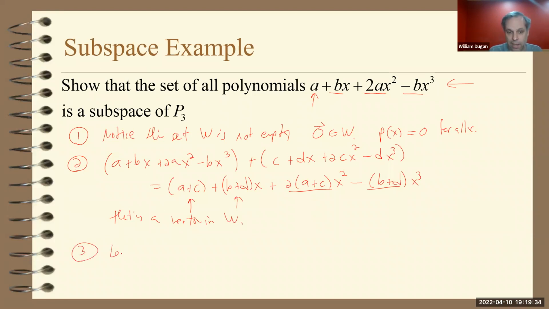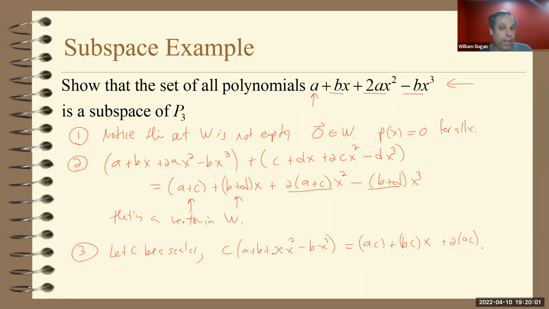The third one is to do the same thing. Let C be a scalar. Then C times A plus Bx plus 2Ax squared minus Bx cubed is written as A times C plus B times C times x, plus 2 times A times C times x squared, minus B times C times x cubed. Notice the way I wrote it; I could write it lots of ways, but I chose to write it that way.